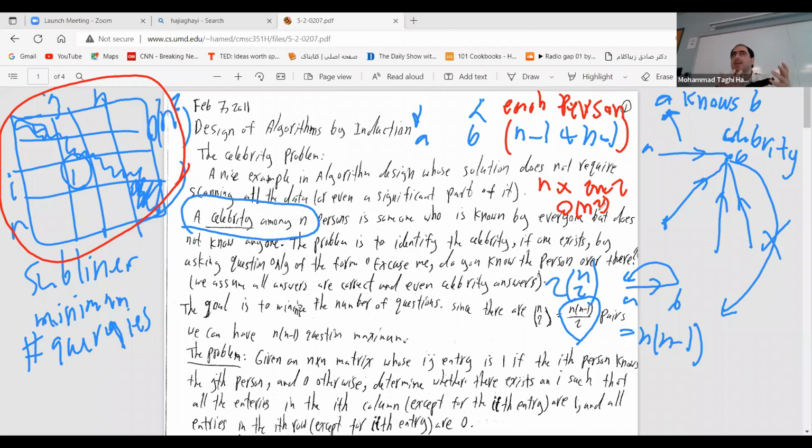In practice, the random case may not happen. So generally it's easier to just consider the worst case. In the worst case, that can be n square.